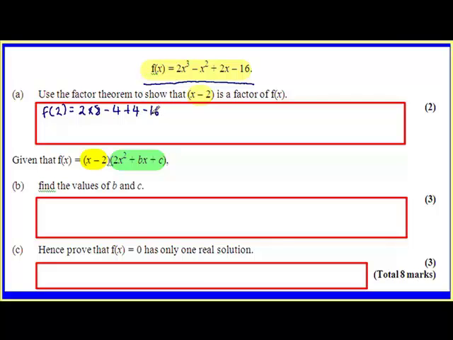And you can see clearly that that's going to be equal to 0, but it's always a good idea just to show all your workings out. So the 16 minus 4 plus 4 minus 16, and as you know that gives you 0. So therefore x minus 2 is a factor.